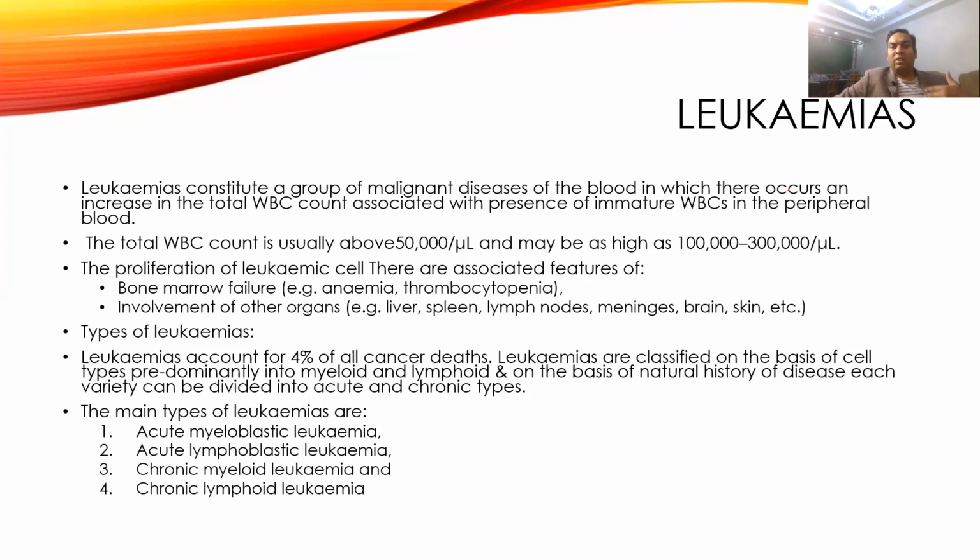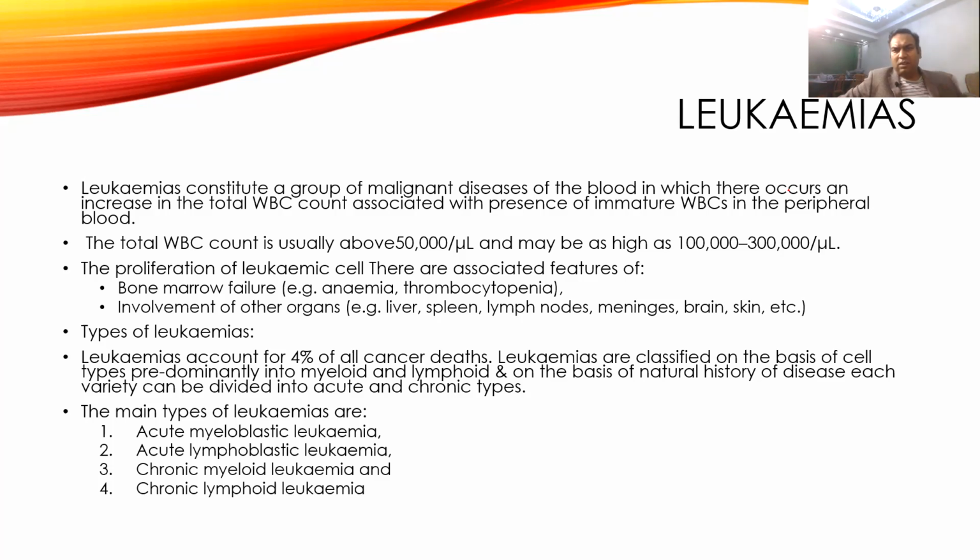And it not only causes development in the bone marrow, but at other sites it can cause more production, like the liver and spleen also can increase. And apart from this, it also affects other organs, as the cells will start lodging. This is called metastasis, and it affects different parts of the body like lymph nodes, meninges, brain or skin, and so there will be involvement of more organs.